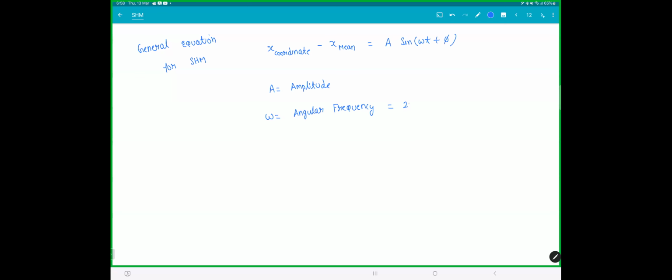This is also given by 2 pi f. Remember, f is only frequency, so be careful with that. Frequency and angular frequency are completely different. This is 1 by capital T, so this is 2 pi by T. Phi is called phase constant. Basically, phi tells us the initial position.